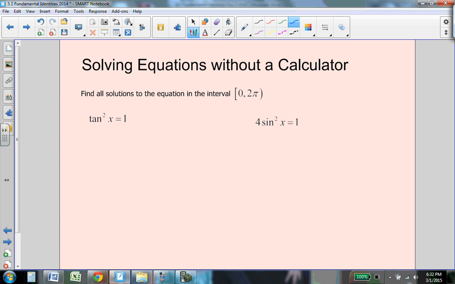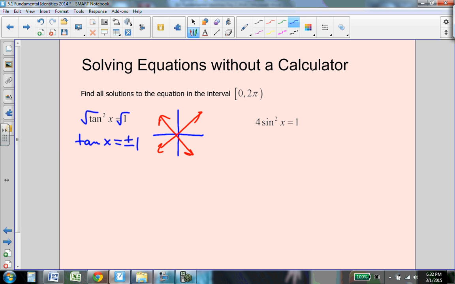It'd be nice if there was just a tangent, so we will take the square root of both sides and we will get that the tangent of x equals, now when I take the square root, I have two possible outcomes, either positive or negative 1. Therefore, I've got several different places to look at on my unit circle. So for a visual, I have a slope of positive 1 or of negative 1.